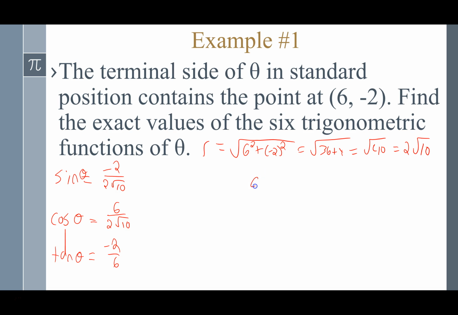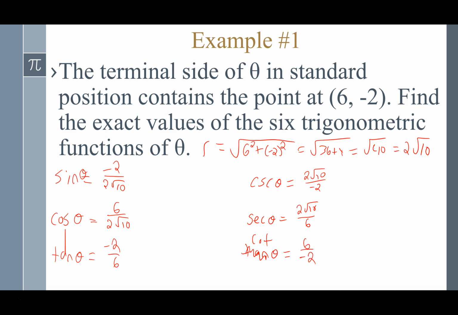Our reciprocal cosecant would be r over y. Secant is r over x. And then cotangent is x over y. Sorry, it's cotangent, not tangent.